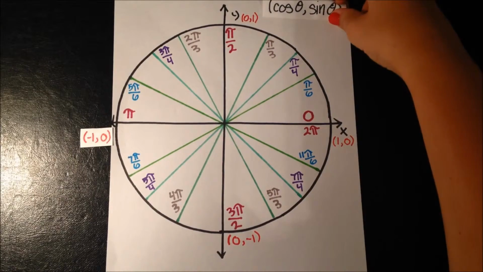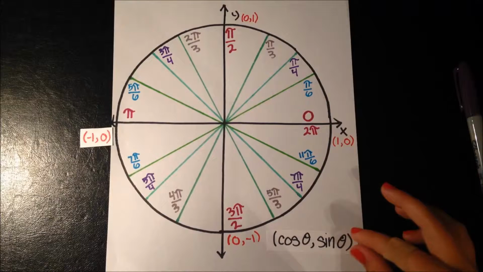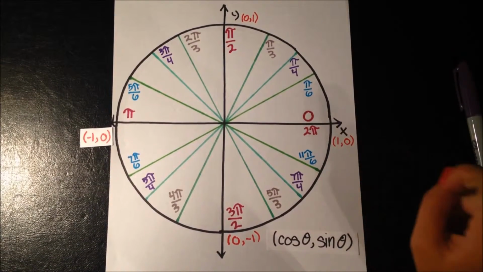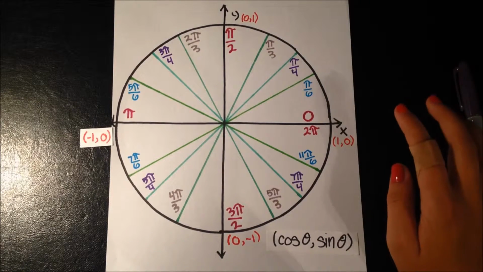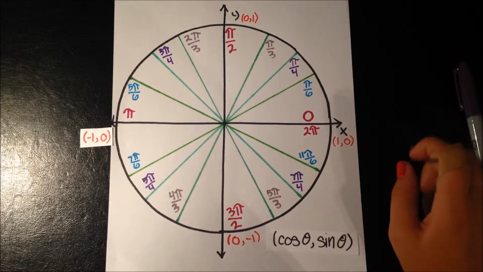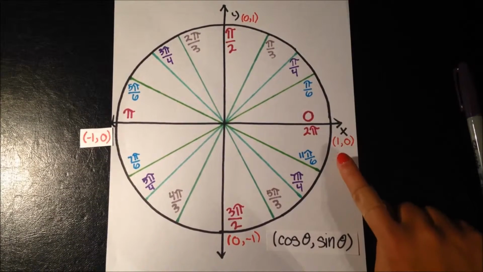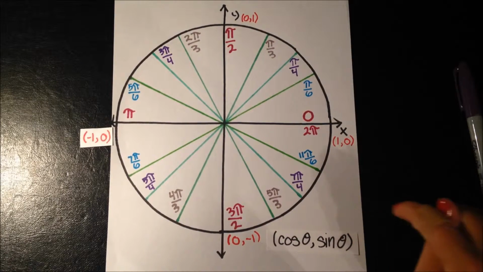Okay, so what these angles give us is our cosine and sine values. And what that's telling us is that the first part of the coordinate is the cosine value, and the second is the sine value. So for example, this 1 would be the cosine value and 0 would be the sine value.